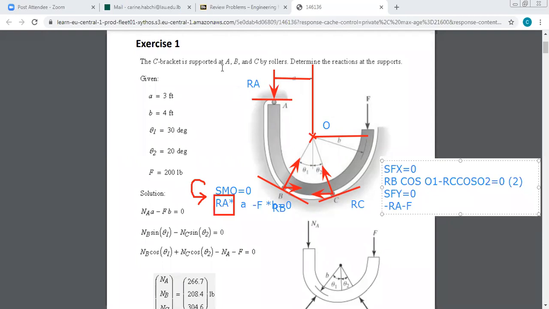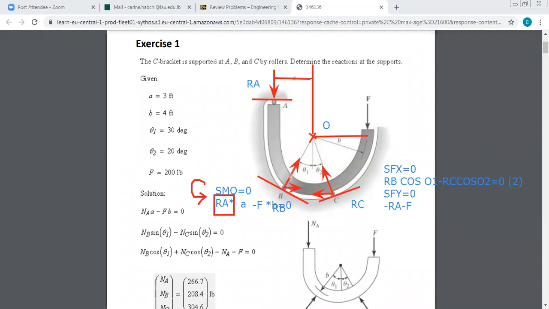You can see that both have positive component along y. So this is RBY and this is RCY. Okay, so I can write here that it is equal to plus RB cosine.